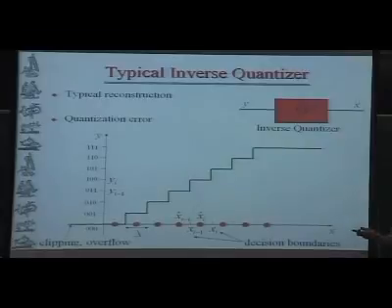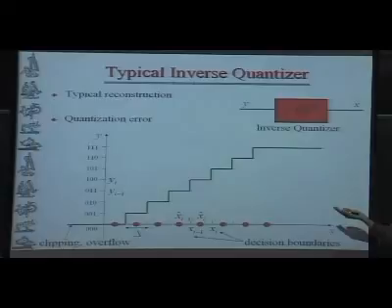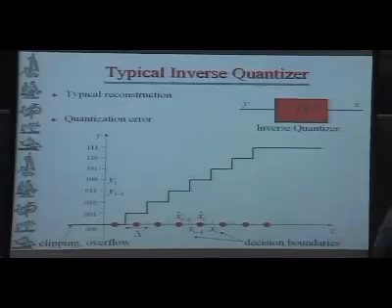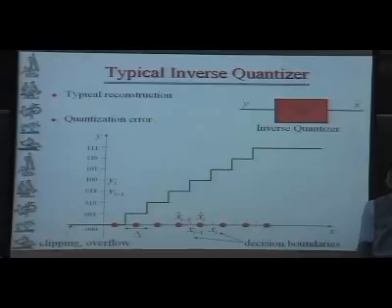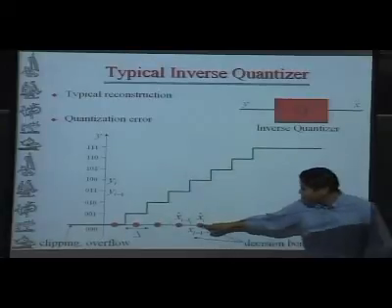But exactly how do you reconstruct the x hat? You have to make a guess, right? You don't have any other information. You just have to make a guess. What is a sensible thing to do? What is a reasonable thing to do? Put it in the middle, right? Why put it in the middle? Why not just here?